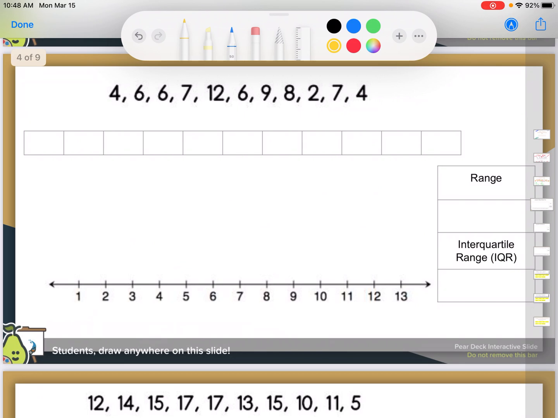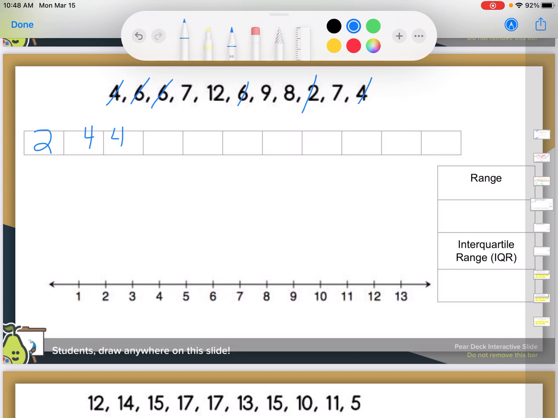All right, so when we're making a box and whisker plot, the first thing that we have to do is put the numbers in order from least to greatest. So that's always that first step. So I see a 2, and then 1, 2 4s, no 5s.